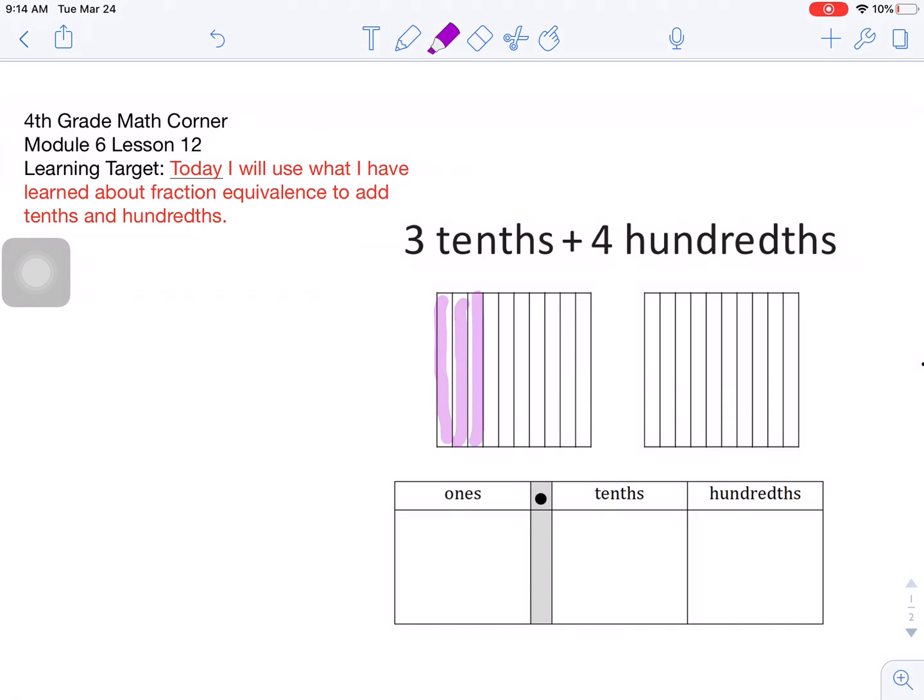But then I have hundredths, so that means I need to also have hundredths. I could break them all into hundredths, or I could just break this tenth into 10 pieces. So I'm going to go 1, 2, 3, 4, 5, 6, 7, 8, 9, 10, and I need to color in 4 of them. 1, 2, 3, 4. Notice I now have tenths and hundredths.